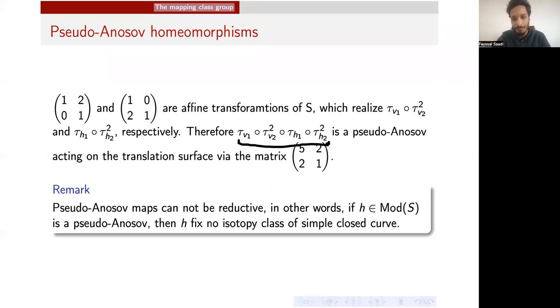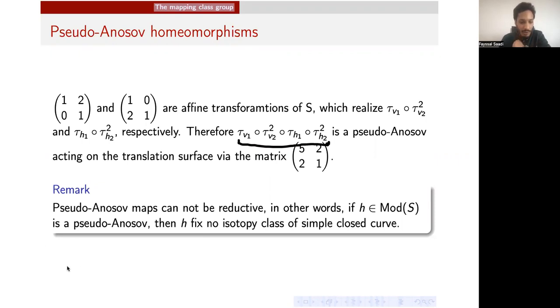So this is a way to construct an example of a pseudo-Anosov. Actually, one can remark that a pseudo-Anosov map cannot be reducible. If you take a pseudo-Anosov, it cannot fix a simple closed curve. Why?